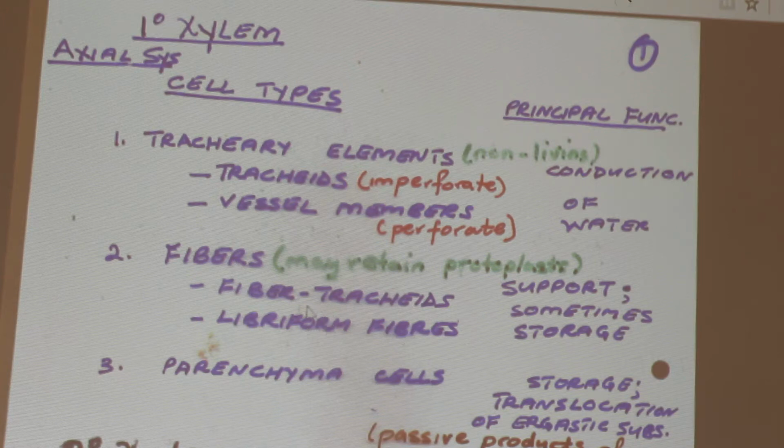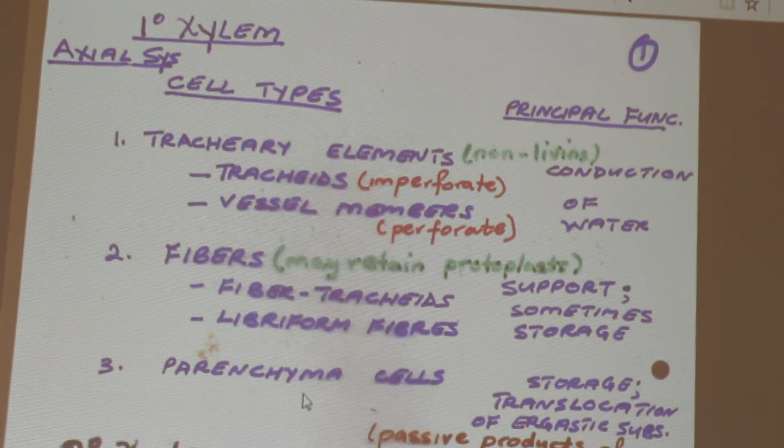If we say it's a libriform fiber, we are describing a fiber. These two will vary by their lengths. These cells are needle-shaped cells. They are imperforate, but they do have pits. They are mainly for support.